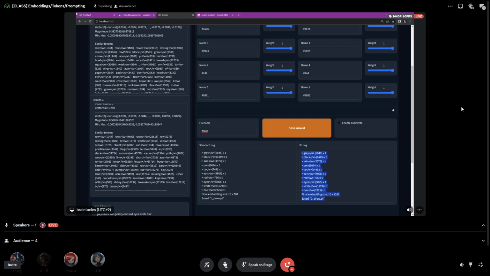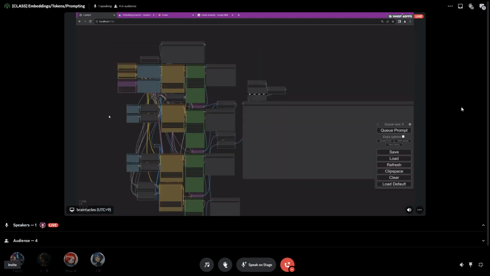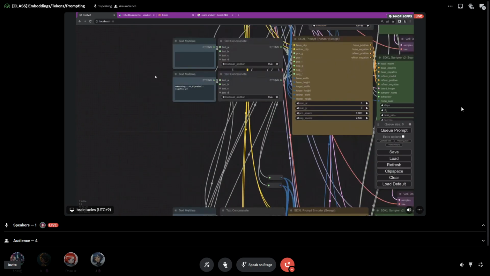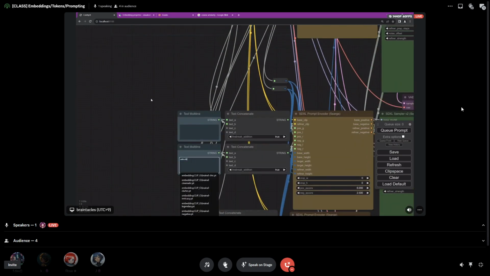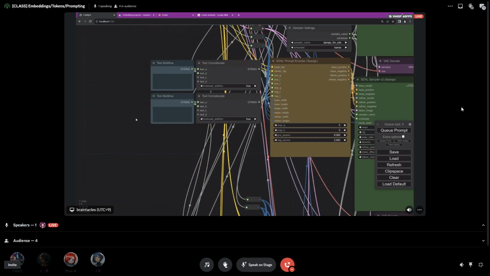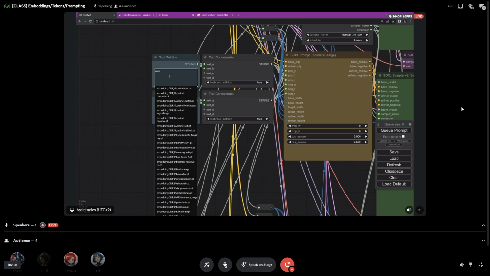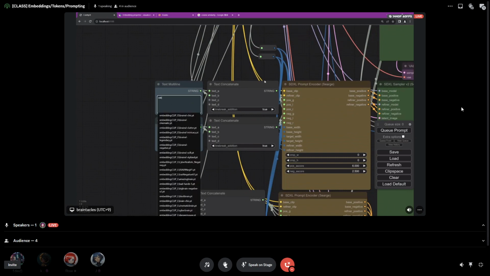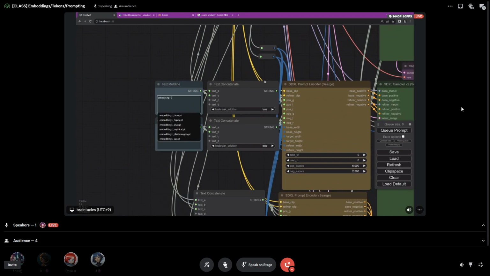All right. So they are there. It's going to refresh this thing. And so we're going to do embedding G draw. We're going to do embedding L draw.